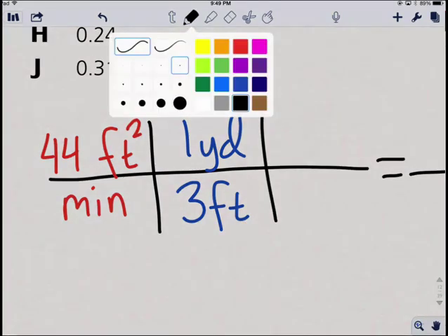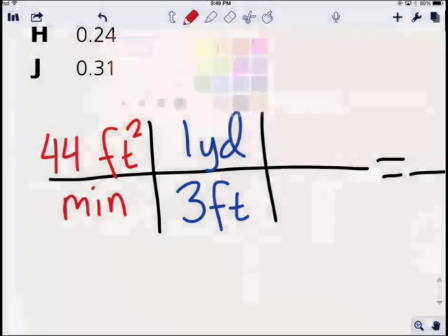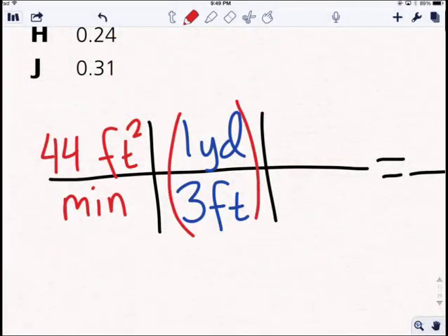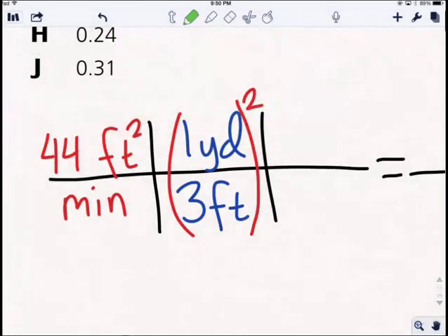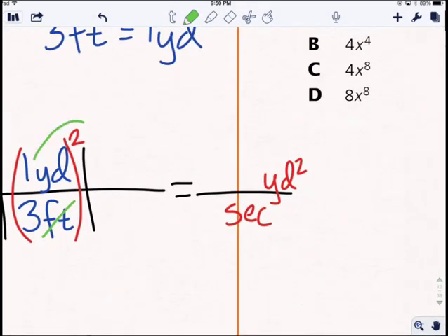The way to fix that is to take this entire conversion and to square it. Okay? Take that entire conversion factor and square it. That will make this into feet squared so that it will cancel out perfectly with that feet squared. And it will leave us with yard squared on top, which is what we want.